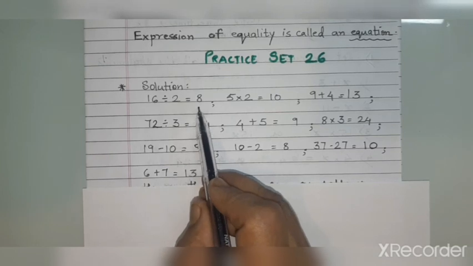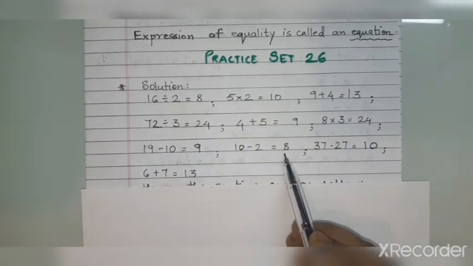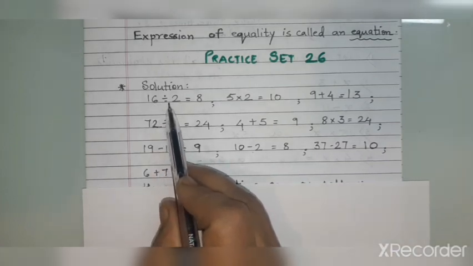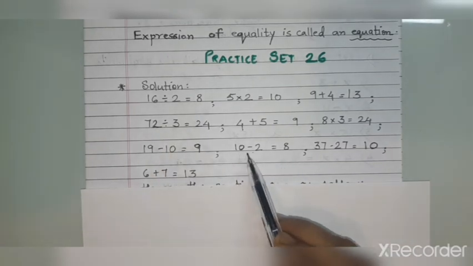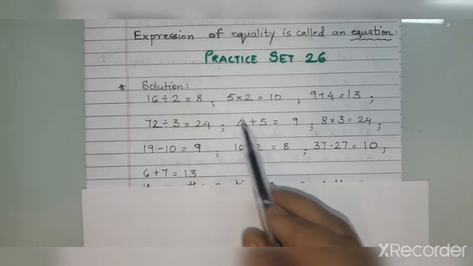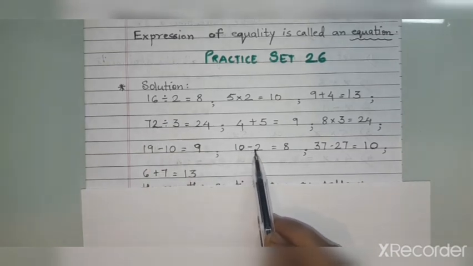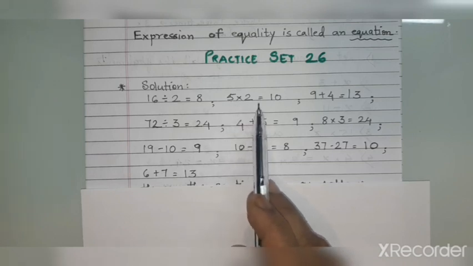So the first answer is 8. Which is that other operation where we have got 8? Yes, this. So 16 divided by 2 is also 8, and 10 minus 2 is also equal to 8. Since 8 is equal to 8, we can write 16 divided by 2 is equal to 10 minus 2. Similarly, 5 into 2 is 10.